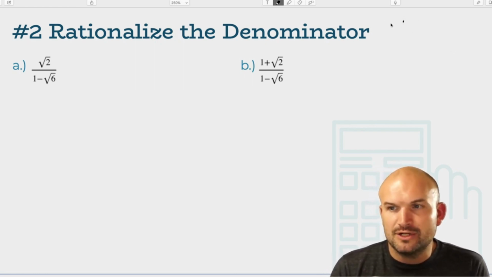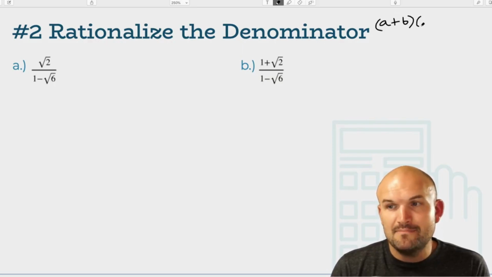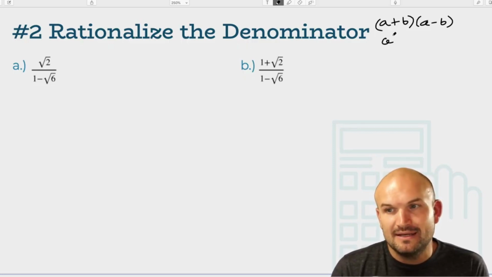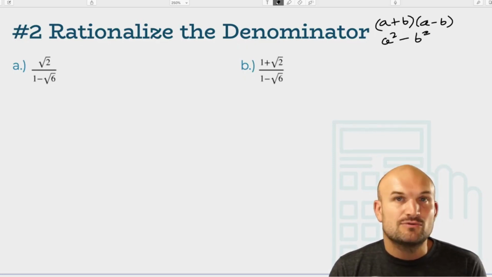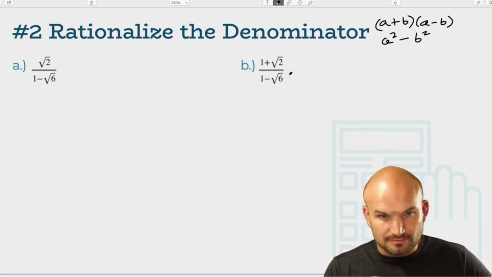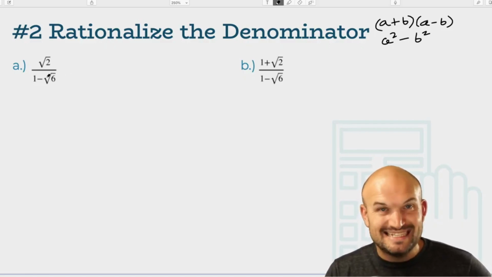So real quick, I'm just going to go through it. If we have an expression like a plus b, and I multiply by a minus b, what that gives me is the difference of two squares, a squared minus b squared. Now, this is very important for a couple of reasons.